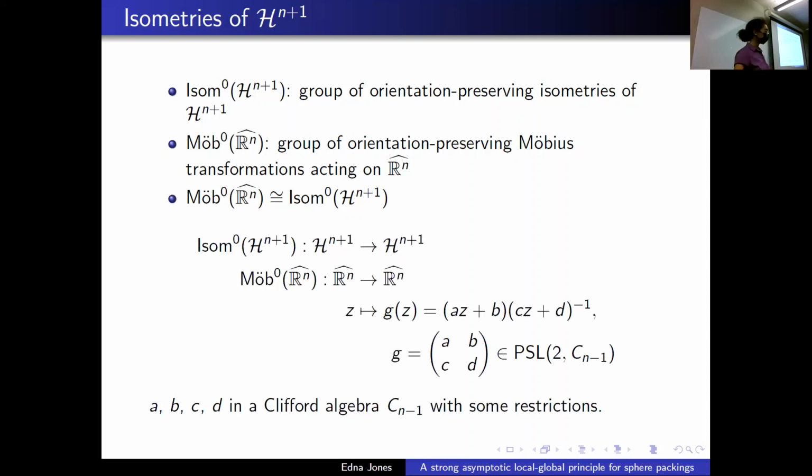Excuse me, just to clarify, R^n hat is not a sphere. What is it? You compactified R^n. It's the one point compactification. It's just R^n union with a point at infinity attached. Okay, so that's the sphere. Yeah, pretty much.